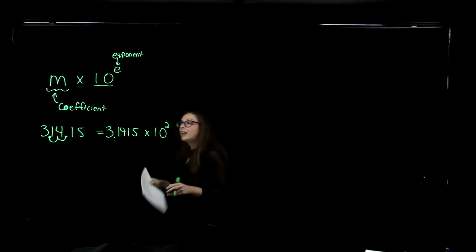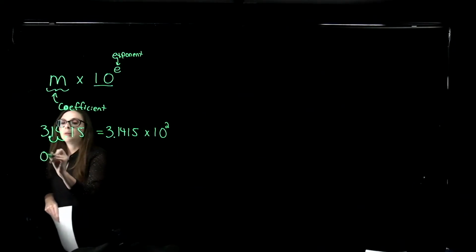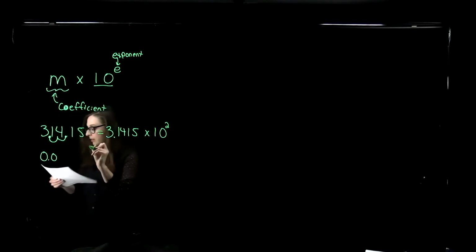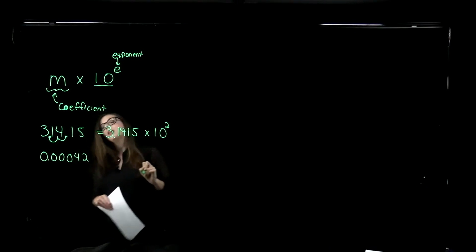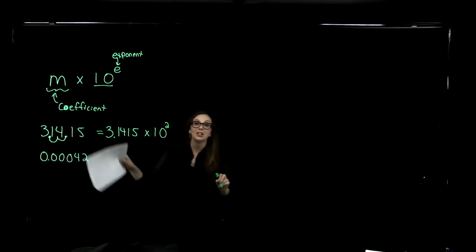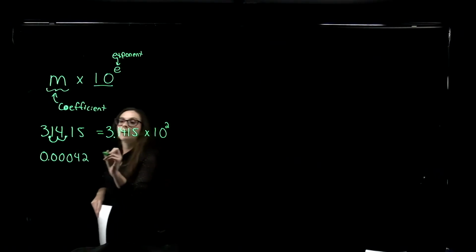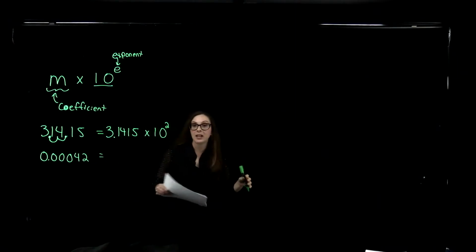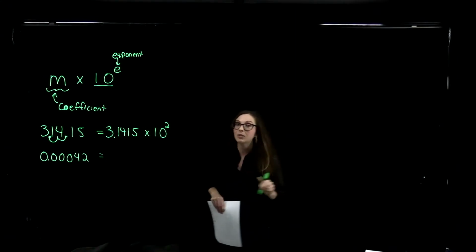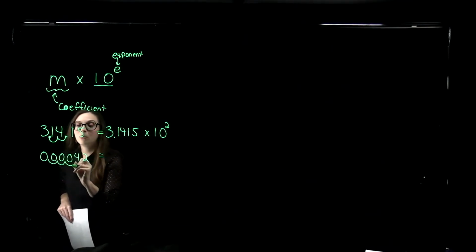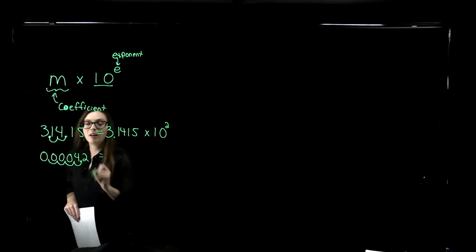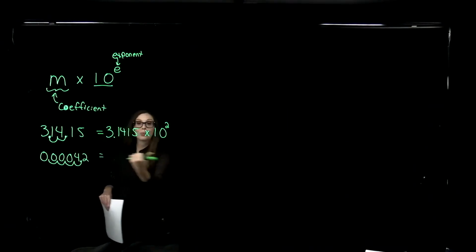Okay. Now let's see another number. What if I had the number 0.000042? How do I put that in scientific notation? That number is smaller than 1. Well, I still want to move my decimal place until it's behind the first non-zero digit. I'm going to move it 1, 2, 3, 4 spaces to the right.